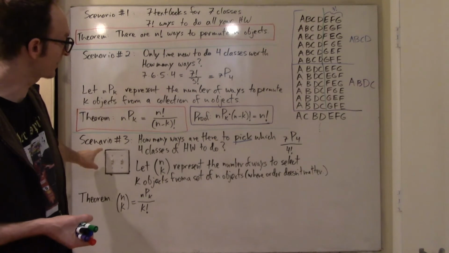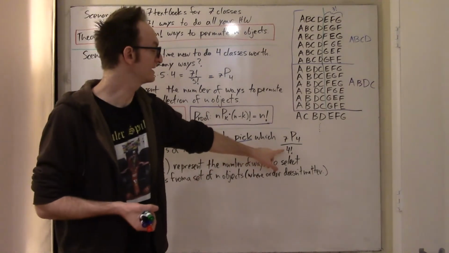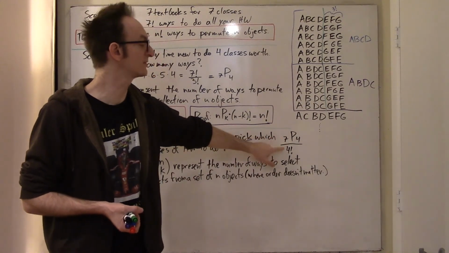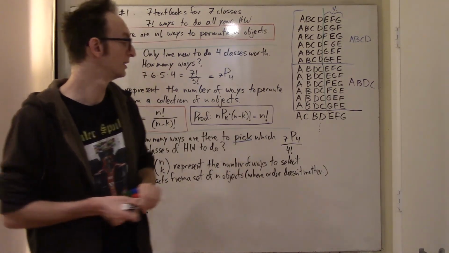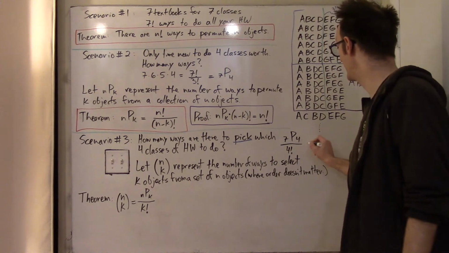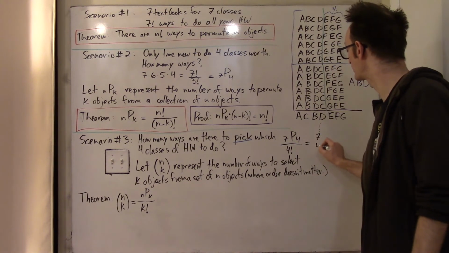And so the answer to the problem in scenario 3 is the answer to the previous problem, but divided by 4 factorial, because that list is 4 factorial too long. And we have a name for this. We call this 7 choose 4.